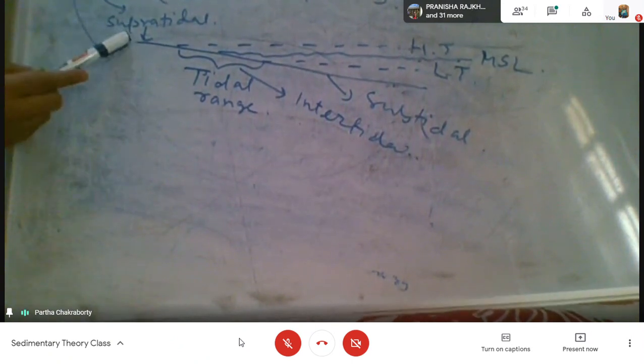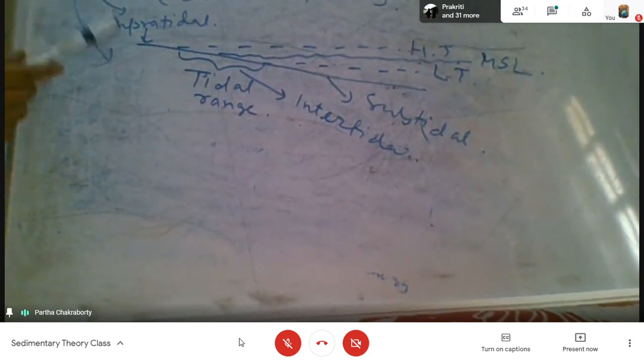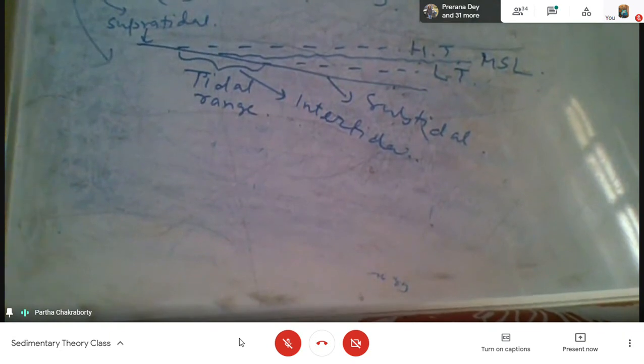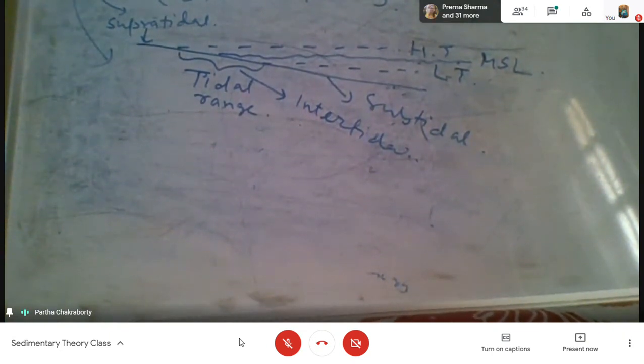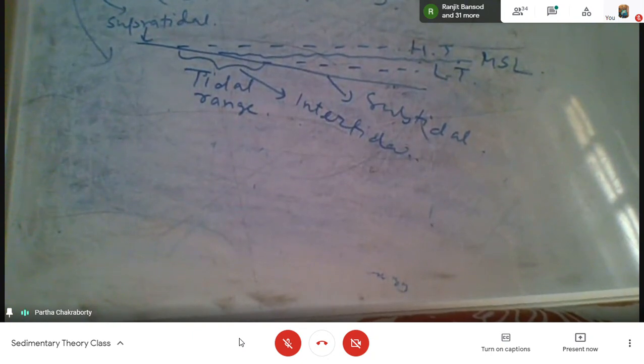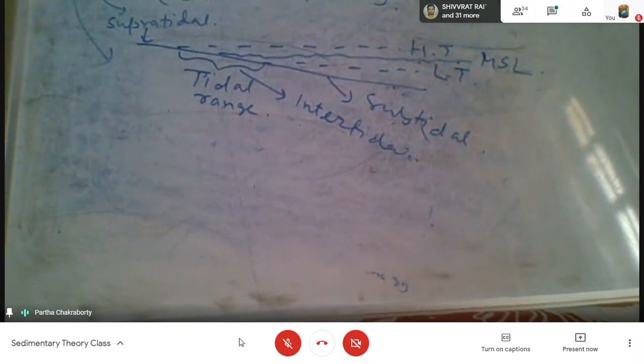The supratidal flat is otherwise low energy. You may get vegetation here. You may also get flooding in extreme cases. Sometimes the supratidal flats are very good for desiccation and evaporite formation. If you go from Bombay to Pune, there are many places where in the supratidal flats they are generating salt. So the supratidal is the lowest energy.